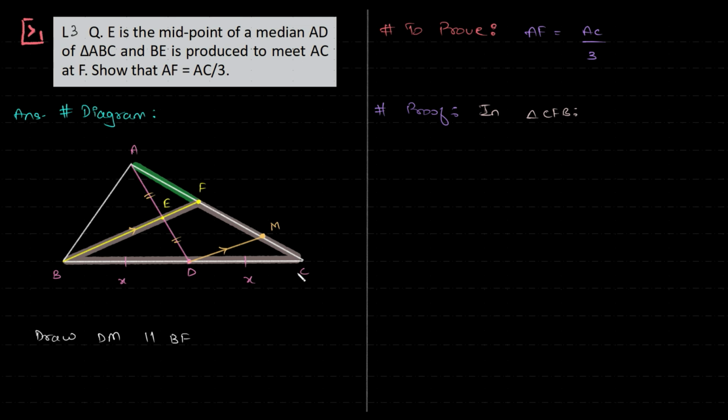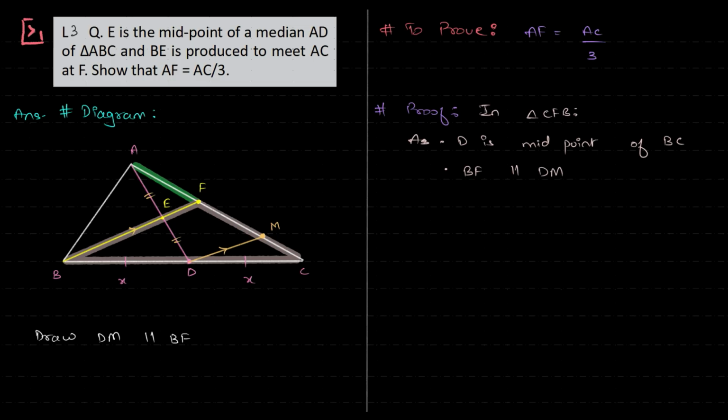We have DC being equal to BD, and DM is parallel to BF, as D is the midpoint of BC. And what else do we have? So let me write it in a well organized manner. And we have BF parallel to DM.